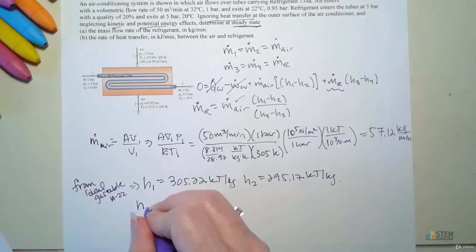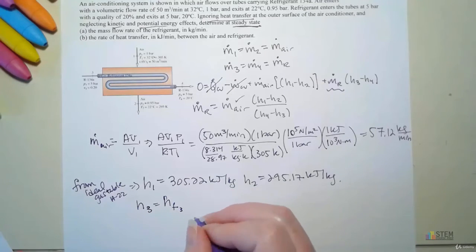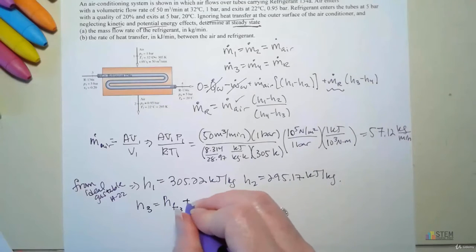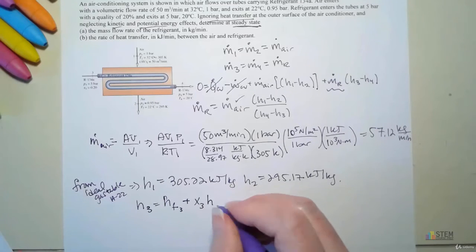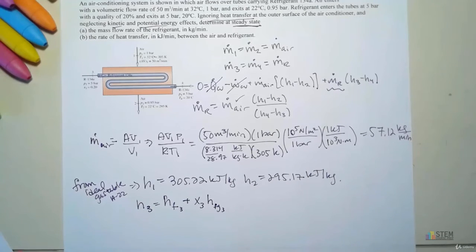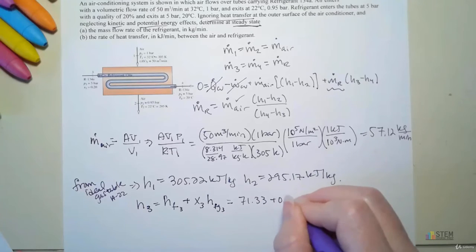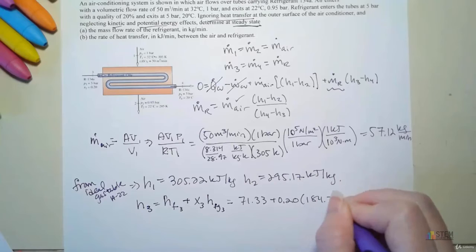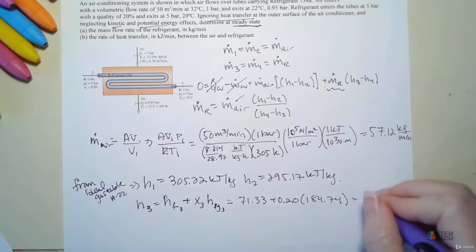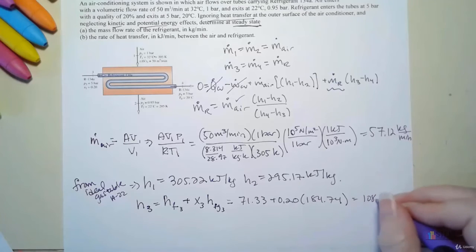So for this one, we're going to have H3 equals HF for the values at 0.3 plus X3 times the difference between G and F, points G and F, so that'll be that FG3 entry in the table. That'll give you 71.33 plus 0.2 times 184.74. And your units, after you do the calculations, will be kilojoules per kilogram.